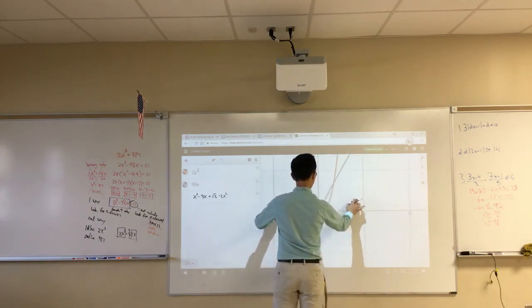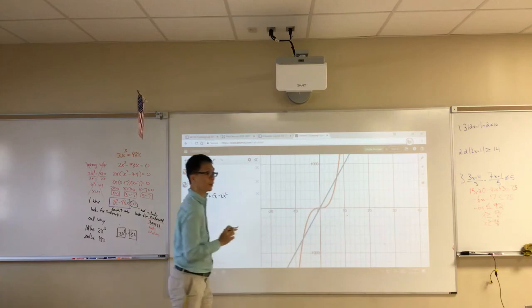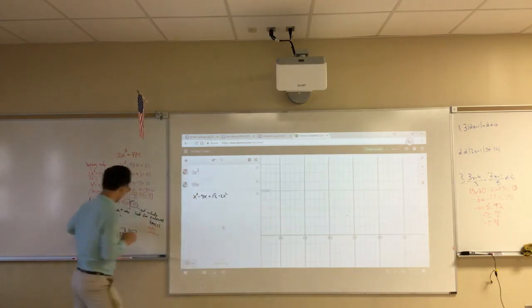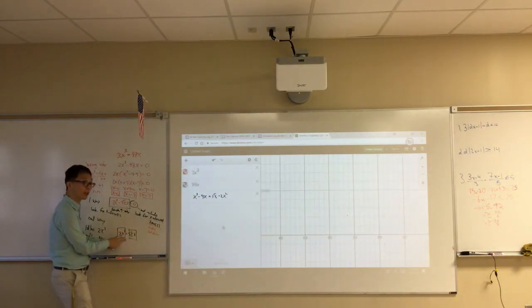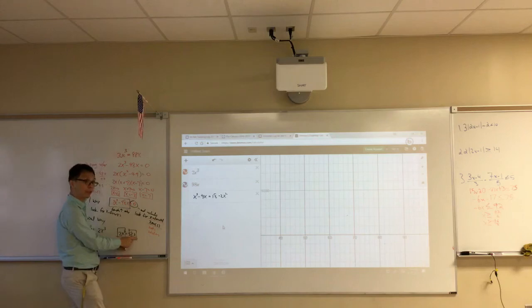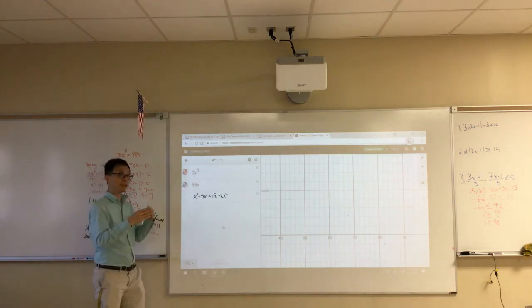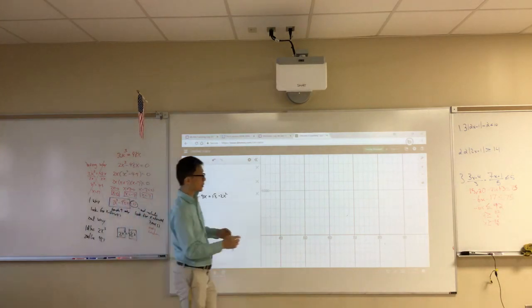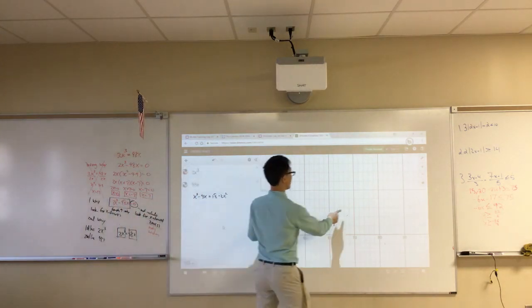So now you're going to see, where's my solution here? Not at 0. Where they intersect. Look, when this equation is equal to this equation, that means they have the same y value.